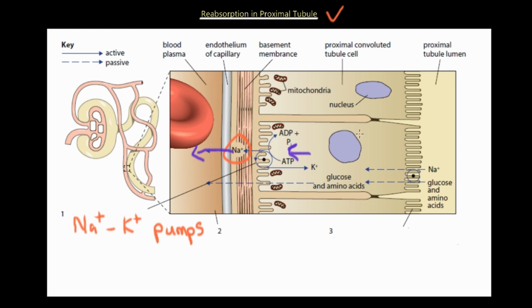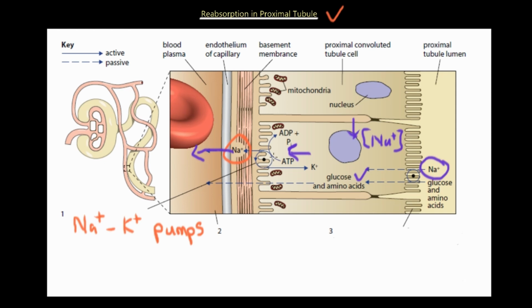Now, because the concentration of sodium is now going to be low in these cells in the basement membrane of the proximal tubule, it will cause the glucose and the amino acids and more sodium to follow through and to continuously be moved outside, because if we continuously reabsorb our sodium, then the cells will require more sodium to be pumped in there.